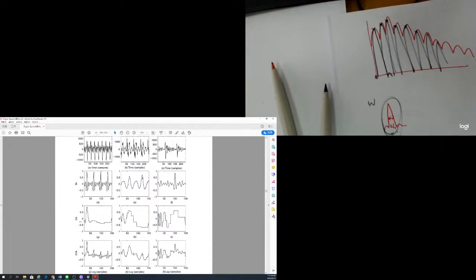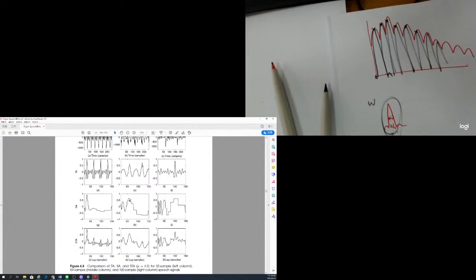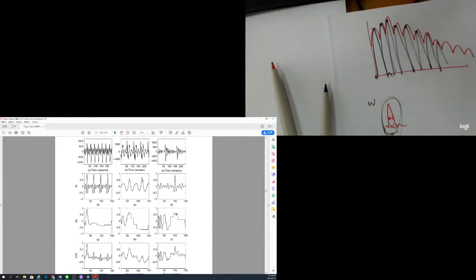In the spectral domain, with spectral autocorrelation, for pitch 32 we only find one pitch. If the pitch is 59, we find one and a half pitch. And if it is 100, you can see around 50, 25, and 12.5.